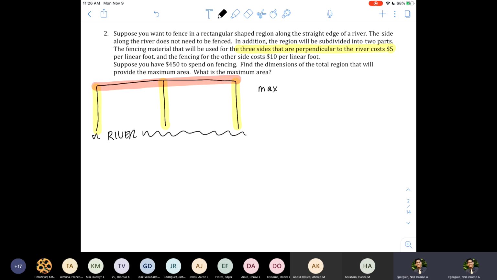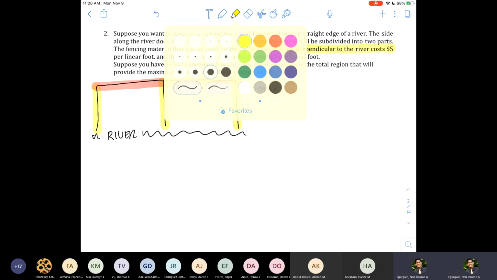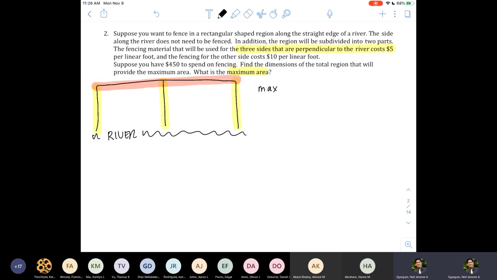Now, here, let's identify what are the objective function and the constraints, right? So here we want to maximize what? We want to maximize the area, right? So we want to maximize the area of the enclosed region. Now, what's the formula for the area? Well, the area is length times width, right? So let's call this the length. Let's call this the width, right?